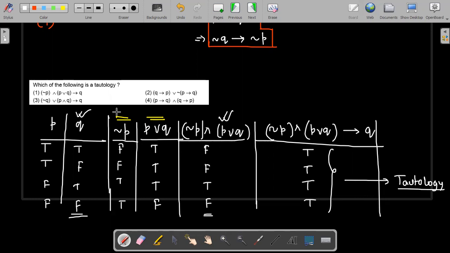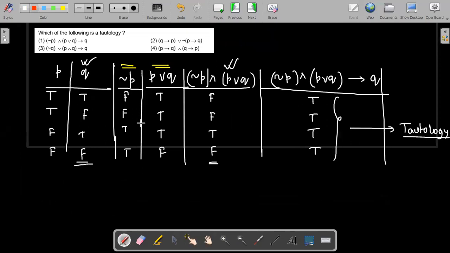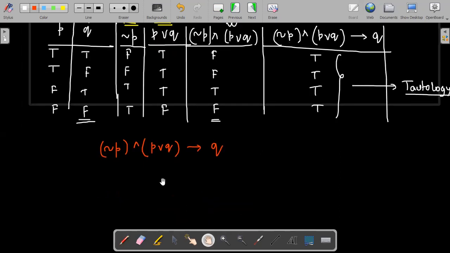So this is called a tautology. Here we understand there was only one option correct, so number one would be correct. But in the other cases, you have to check whether this is a tautology or not. That may be done by you. This can be done by properties also. Okay, let's try that. By property, you have this and P or Q implies Q. See, first we can apply the distributive law.